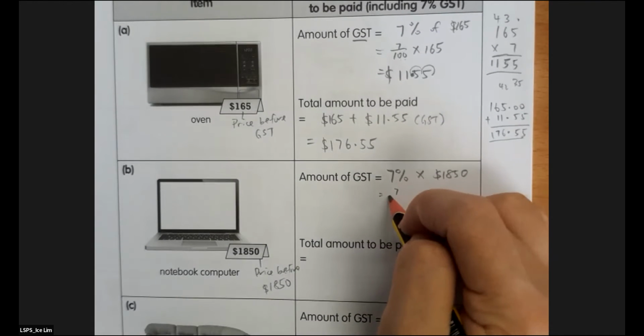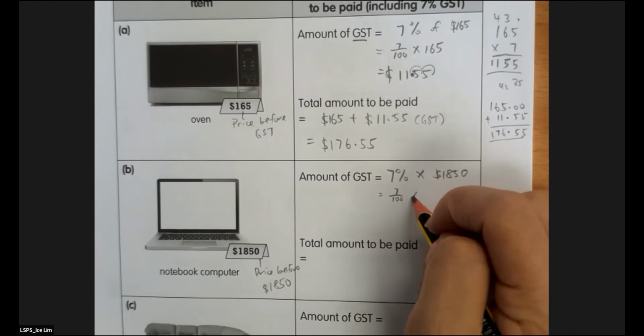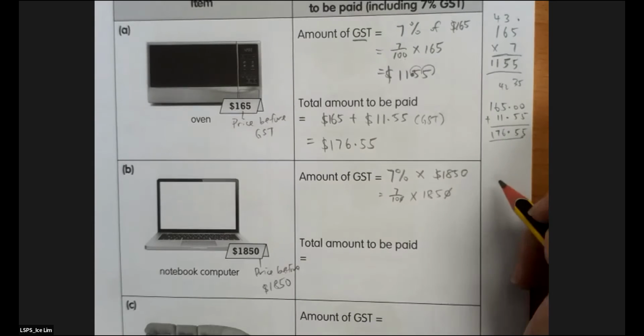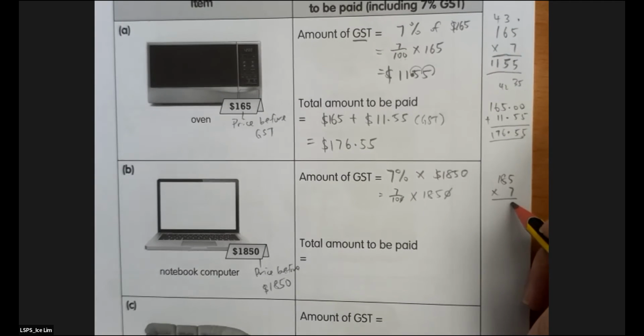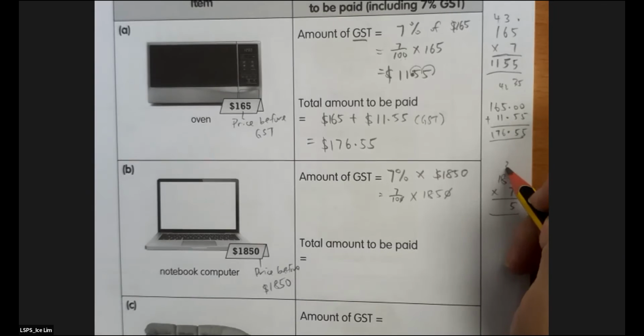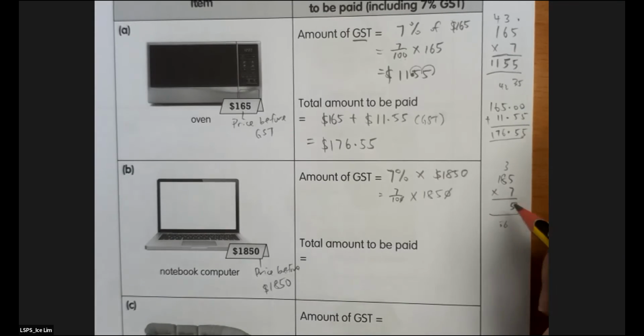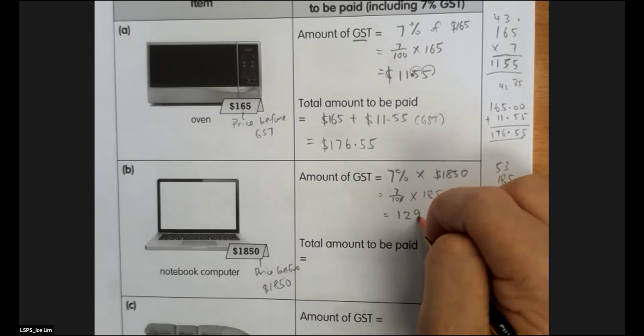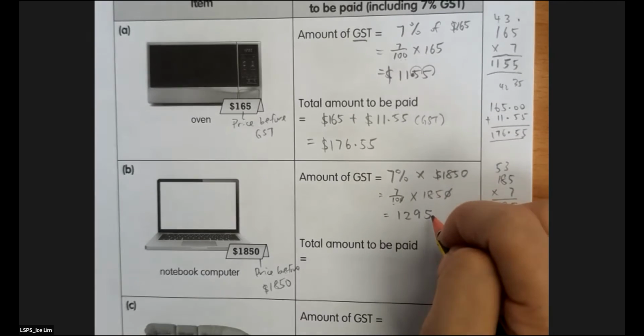There will be 7 out of 100 times 1,850. Cancel the 0 here. 185 times 7. 8 times 7, 56. 56 plus 3, 59. And that will be divided by 10, so I will have the decimal point here.